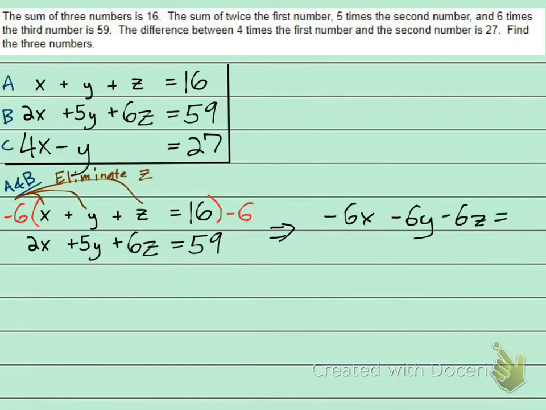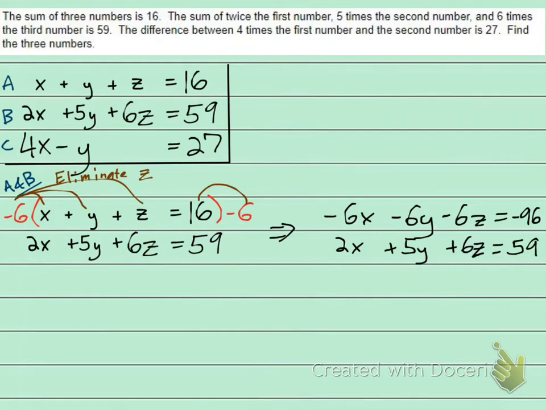And then most importantly, don't forget, -6 times 16. And that's going to give me -96. All right. My equation B is fine just like it was, so let me write that down here. 2x plus 5y plus 6z equals 59.